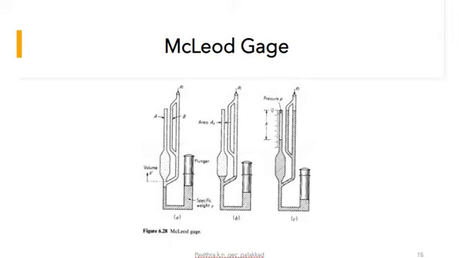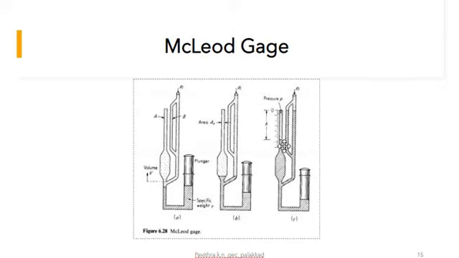Now, if the plunger is pushed down or pushed in, what will happen? The mercury level will go up and it will seal the gas sample of known volume V in the bulb and capillary tube. So we are pushing this plunger inward, and the level rises up through this bulb towards the capillary tubes.